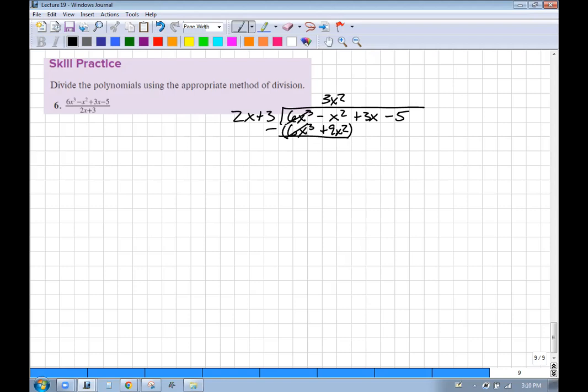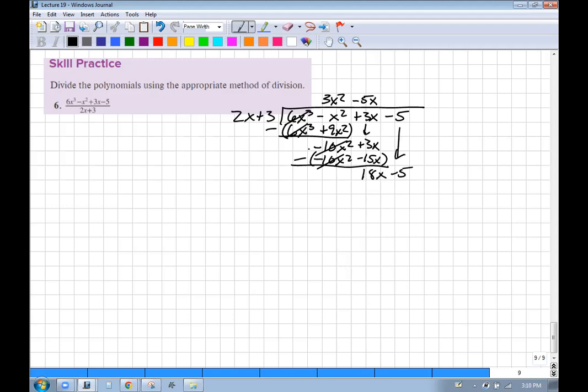Negative 1 minus 9 gives me negative 10x squared. Bring down the 3x. To get a negative 10x squared from a 2x, we need to multiply it by a minus 5x. Minus 5x times 2x is negative 10x squared. We're also getting a negative 15x out of this. If we subtract, 3x plus 15x is 18x. Bring down the minus 5.